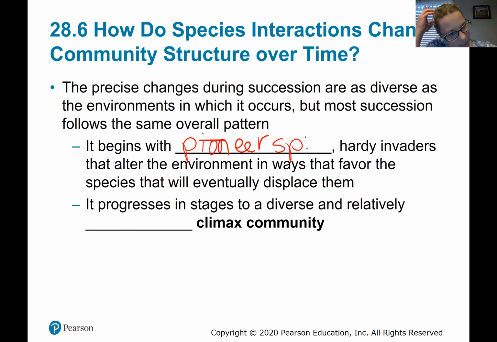They don't have aversions to specific environmental factors and so forth. And so they can come in and establish, but they're going to eventually be displaced by other organisms or other species. And this pattern will continue until you get to a fairly stable climax community.